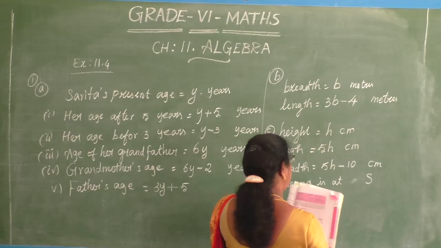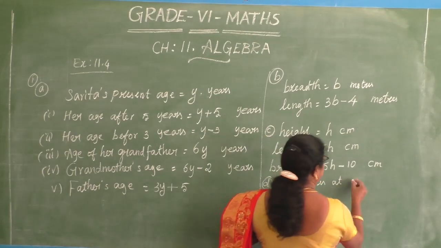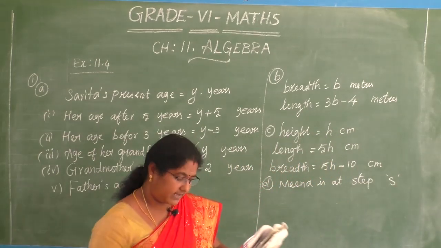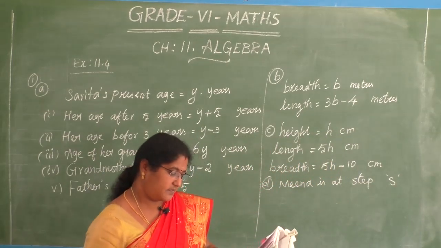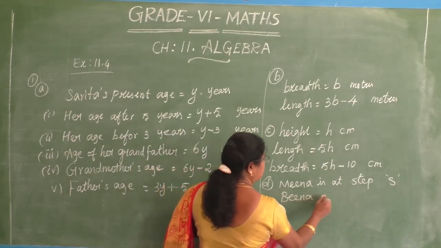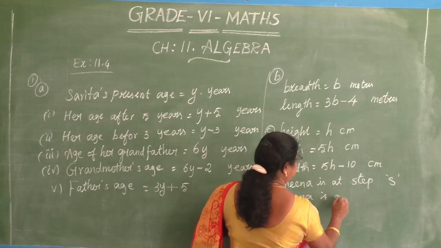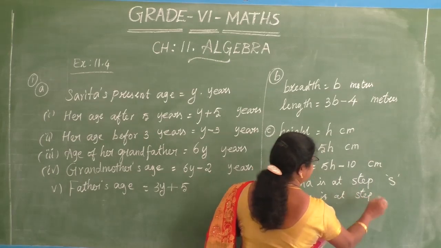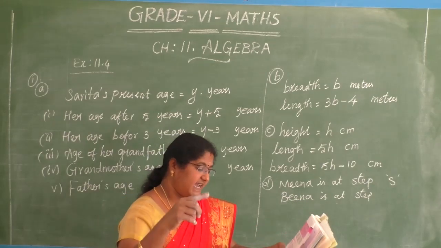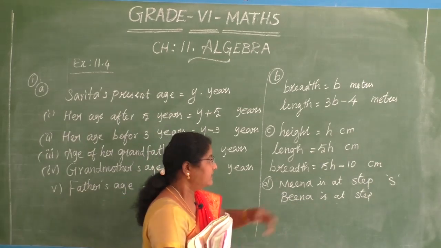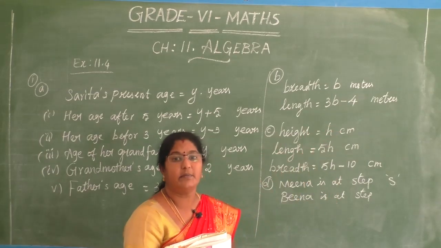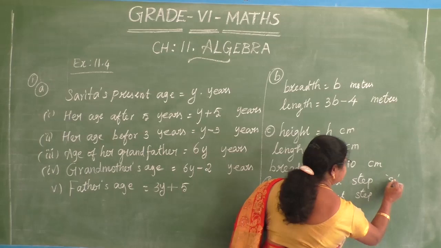Meena is at step s. Then next, Beena is given: Beena is 8 steps ahead of Meena, so she has gone further up. So what should we do? s plus 8.